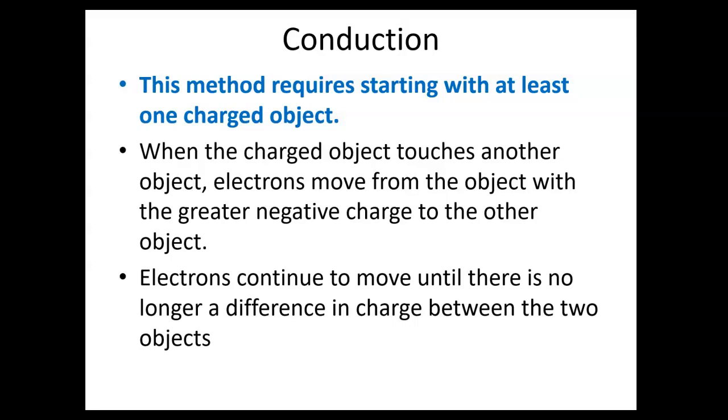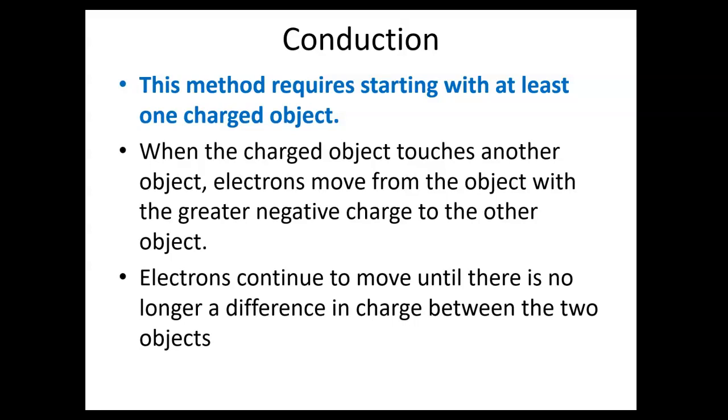The second method for creating electrically charged objects is called conduction. If you're going to use conduction to create a charge, you have to start with at least one charged object. So friction worked even when both objects were neutral at the beginning.